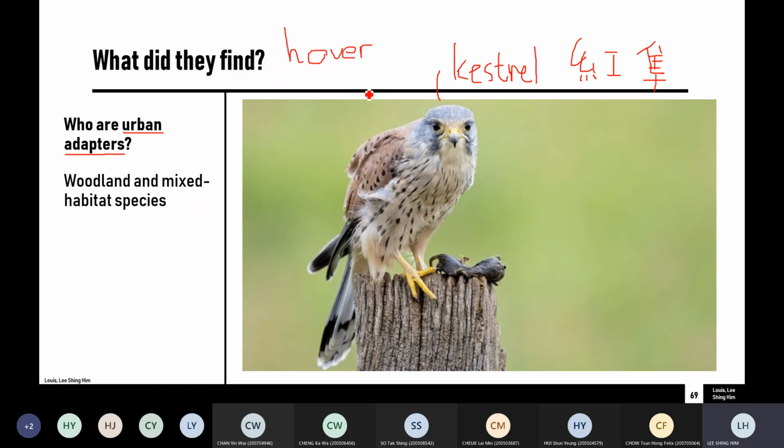It can hover in the air, 定點振翅, meaning that they can fly up to a certain height and then just stop at a point in the sky. Then they spot their prey. What is their prey? Perhaps a mouse. Oh no, it may not be a mouse. It can be a mouse or something called a shrew.